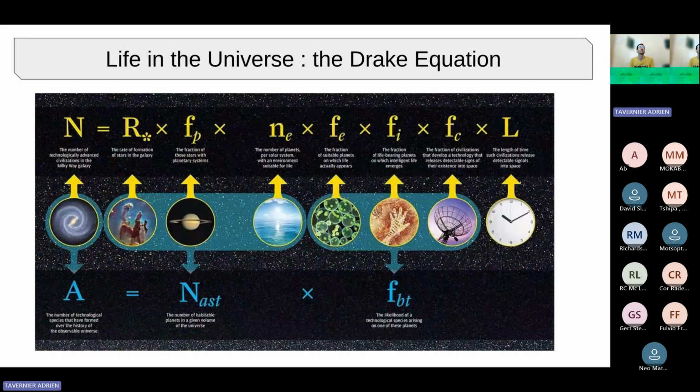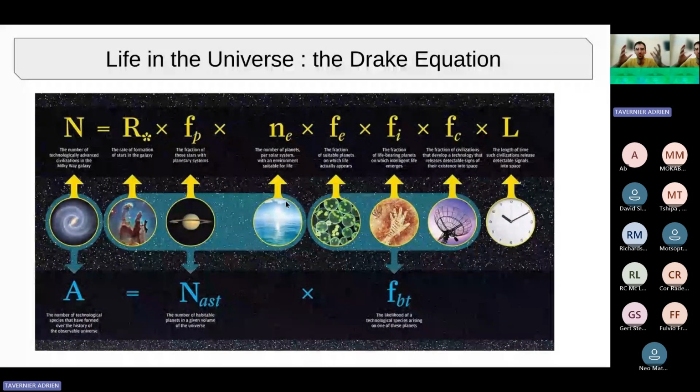And it was in fact statistically developed by Francis Drake during the 20th century, with the famous Drake equation, in order to quantify the probability of the development of life in the galaxy, but also not only life, also civilizations. You have different parameters in this equation: the rate of formation of stars in a galaxy, the fraction of stars which will harbor a planet, the number of planets with an environment that can sustain life, and so on.